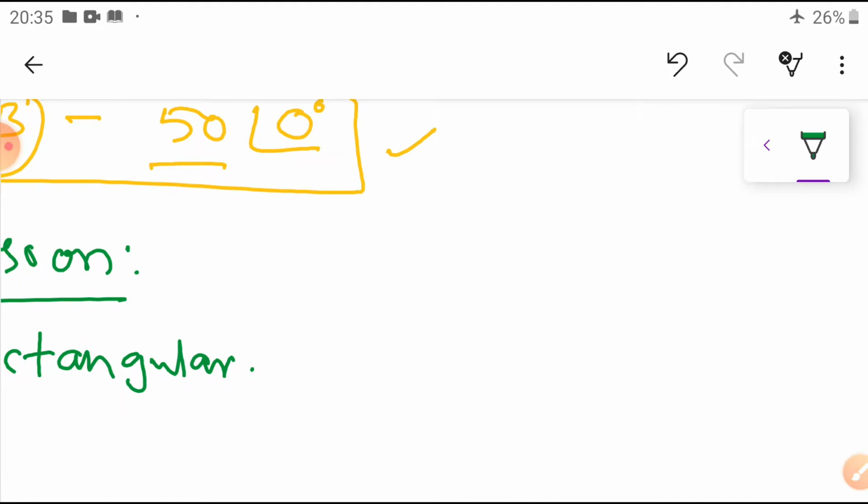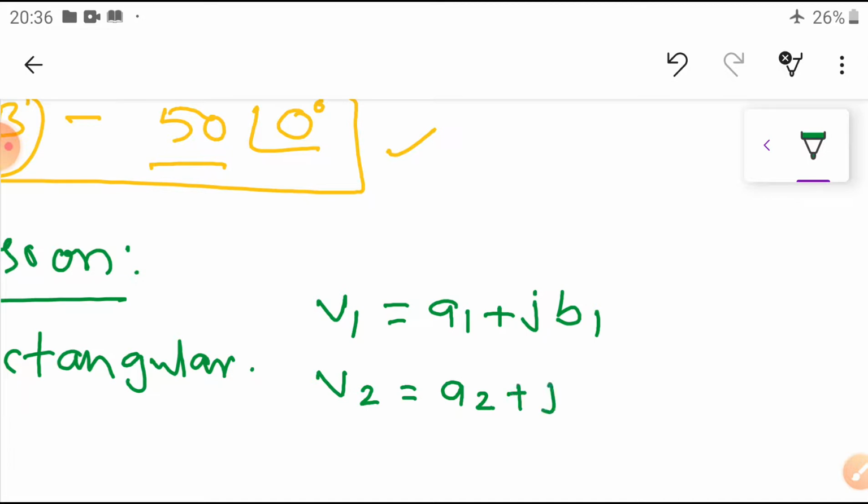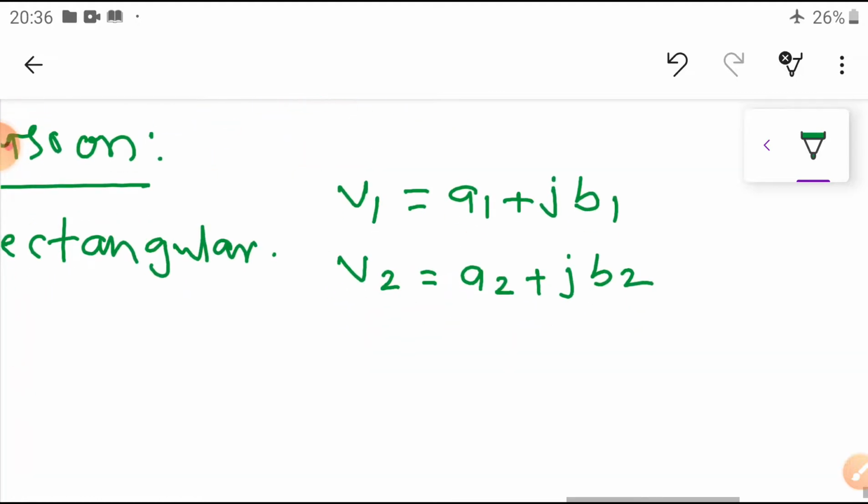Now here, what is V1? V1 is given as A1 plus J of B1, one vector is given, and V2 is given as A2 plus J of B2. Okay. Now, I want the division. What is the value of V1 by V2?